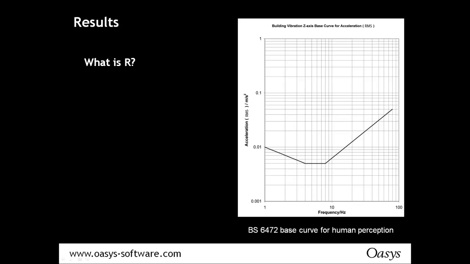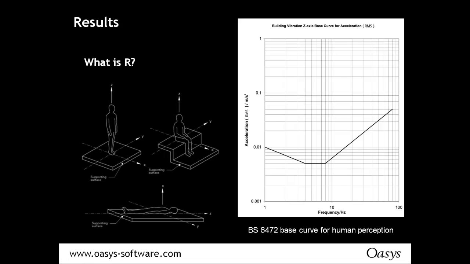Now, what response value you need depends a lot on what the structure is, what people are doing on that structure. For example, when people are lying down, they are very sensitive to vibrations, but if they're standing up, they're least sensitive.